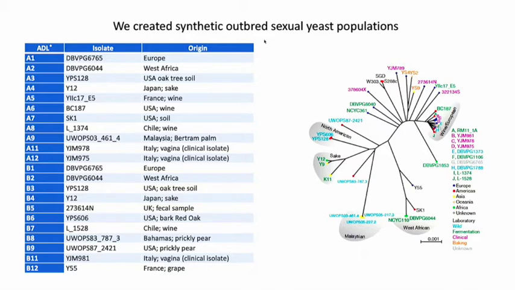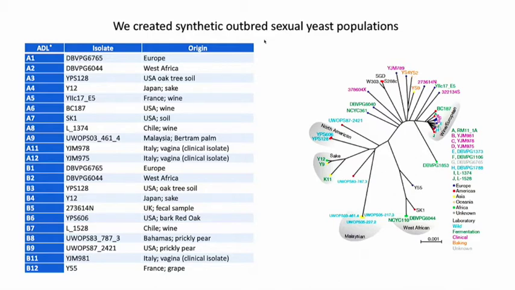They're basically a worldwide sample. A few, like B10 and A10, are missing. These were basically Malaysian strains that we couldn't mate very well with the other strains. So it's important that these things are all crossable to one another and sporulate well.